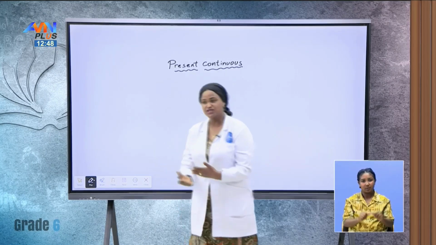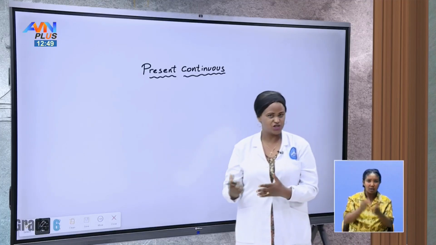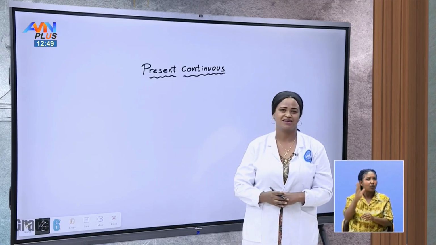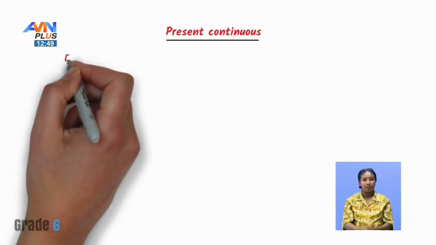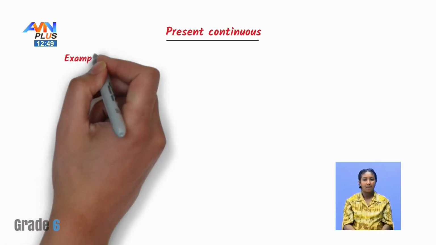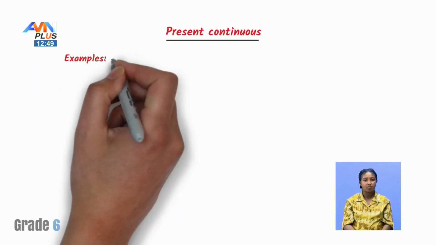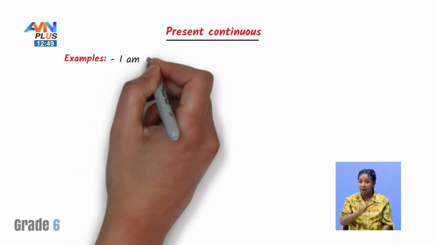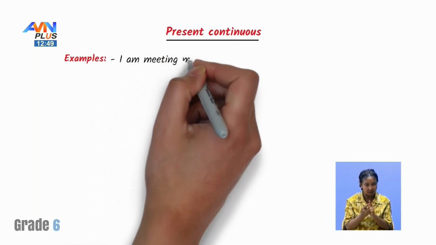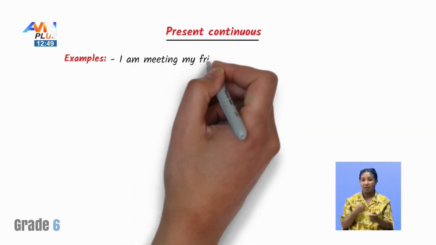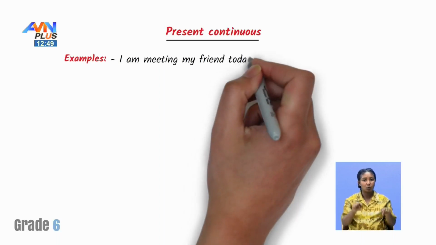Very good. Now we're going to see another use of the present continuous. Present continuous is also helpful in expressing future actions. But what kind of future actions? Let me give you examples first. Example: I am meeting my friend today afternoon.